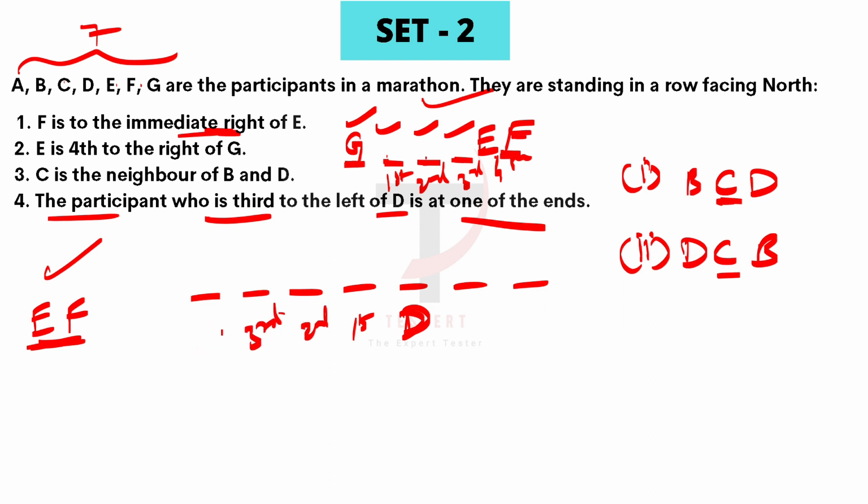But here third left of D is at one of the ends, which means D must be moved here. Now this is the first left, second left, and third left. So this is the leftmost end, and this guy is third left to D. So D is fixed, D must be here.